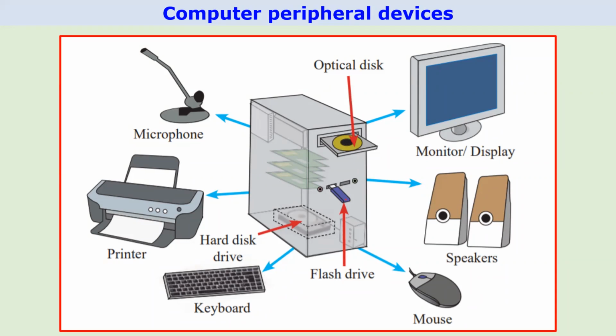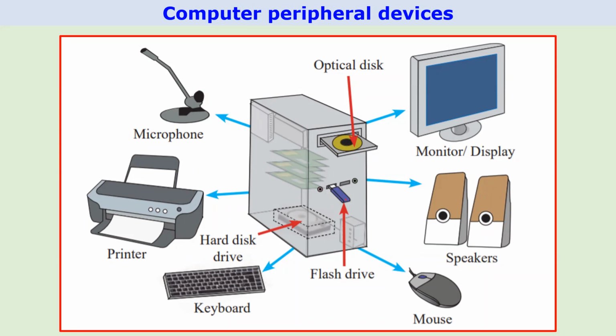I am giving you 1 minute. Remember what devices are available in this picture. Here I see optical disc, monitor, speaker, mouse, flash drive, keyboard, hard disk drive, printer, microphone. These are the devices available here.